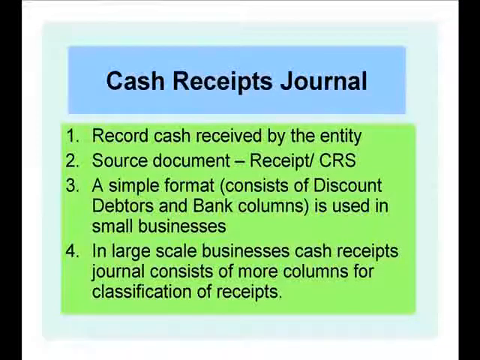3 columns, and basically this cash receipts journal is used in small businesses. The other format is the multi-column format, and in this format there are a number of columns, not only 3, more than 3, to record various frequently occurring transactions.